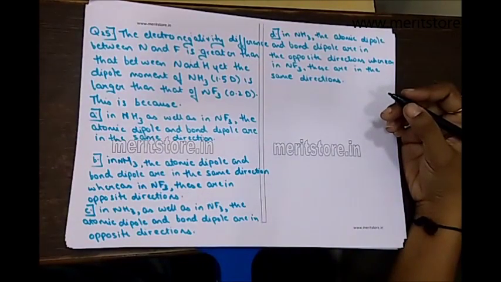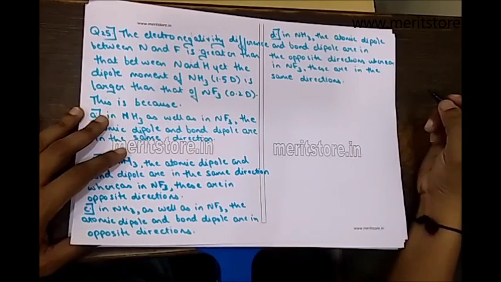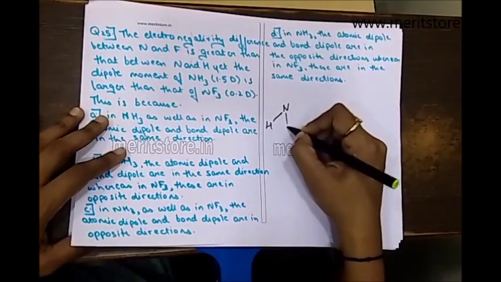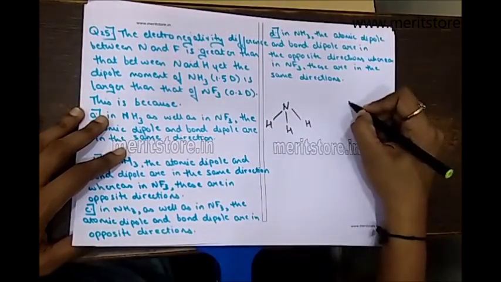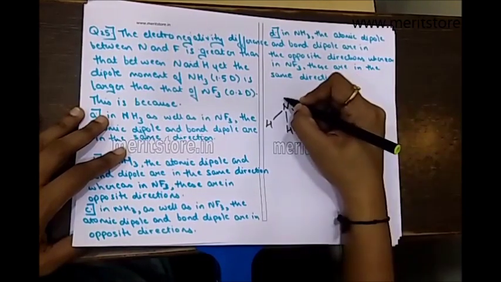Question number 25: the electronegativity difference between nitrogen and fluorine is greater than that between nitrogen and hydrogen. Yet the dipole moment of ammonia, 1.5, is larger than that of NF3. When I talk about nitrogen bonded to three hydrogens, it's ammonia, and nitrogen bonded to fluorine is NF3.